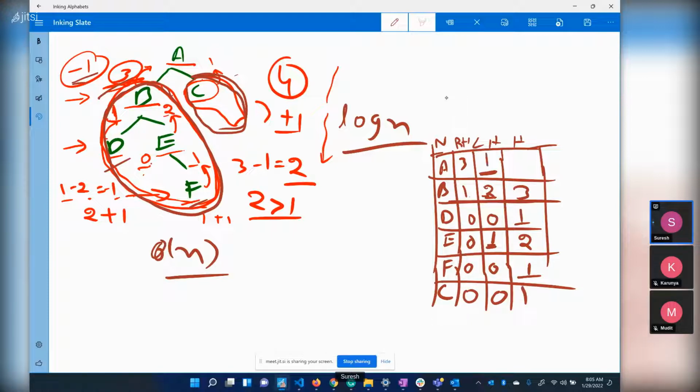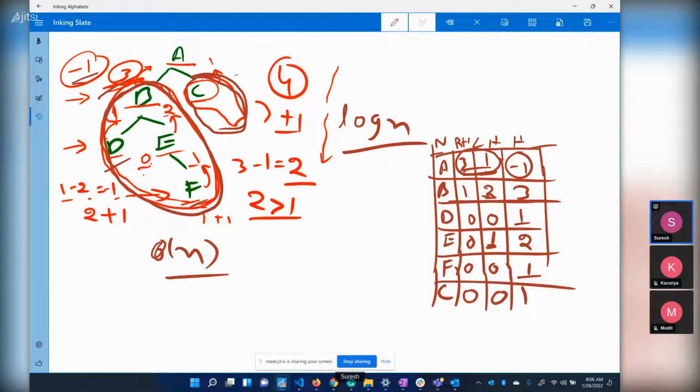Finally, we got 1 here, and the maximum is 2, the difference is greater than 1, and this returns -1. Yeah, this is a good idea. We can put a table to understand better. I forgot actually, this is the technique we used to follow in the past.